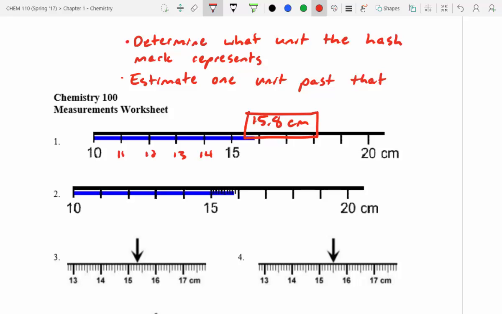All right, let's do the same thing with the next one. So number 2, there are some smaller hash marks in there, and I want you to check with your neighbor and see if you guys come up with really close numbers.